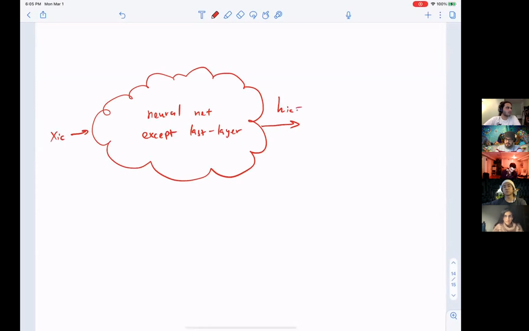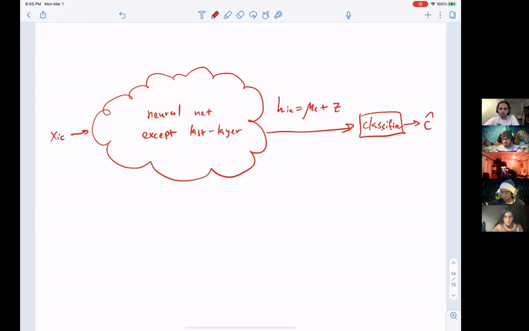Assume that this h_ic is equal to mu_c plus some noise. It's a generative model assumption. You assume that it follows some distribution, right? And then it goes into a classifier. The classifier predicts c hat, right?